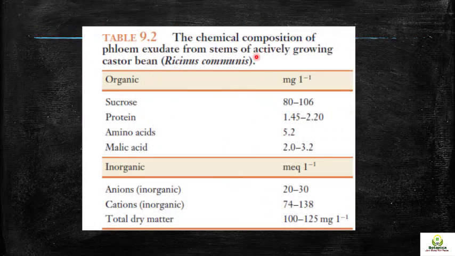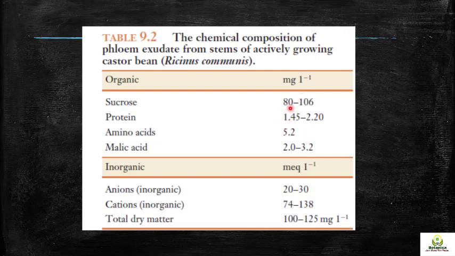This table shows the chemical composition of the phloem exudate from Ricinus communis. As you can see, sucrose has 80 to 106 milligrams per milliliter. The predominant molecule which is transported is sucrose, and its concentration is far higher than any other compound.